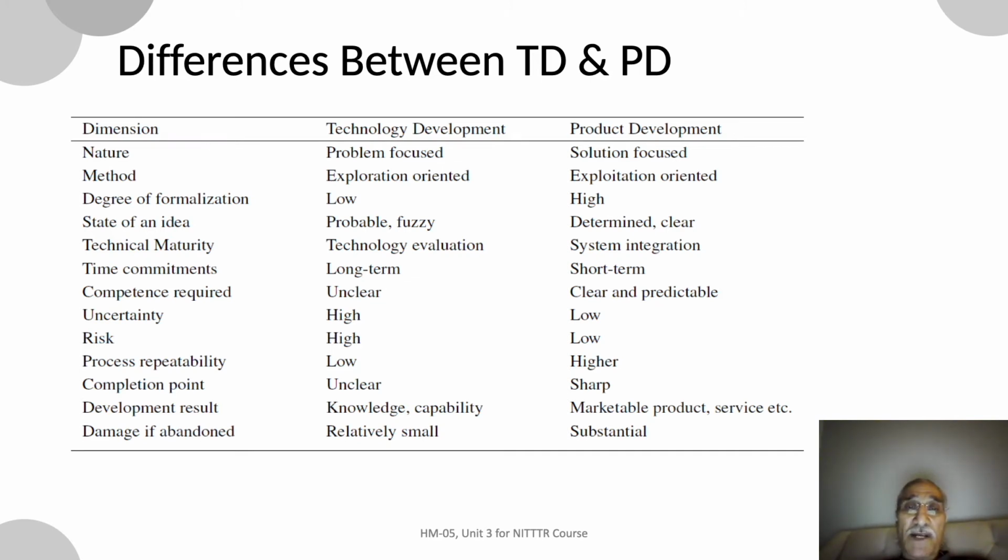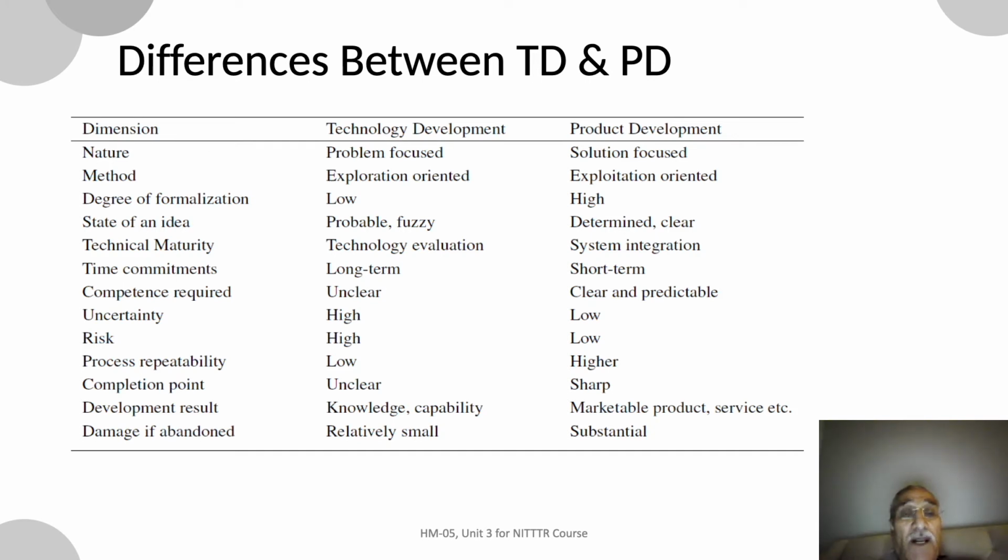Either we assimilate technology from outside or we transfer the technology to outside because we have developed a technology or we are wanting to develop a product on the basis of this. So the exploitation there is oriented towards a product, and that is the primary difference between technology development and product development.